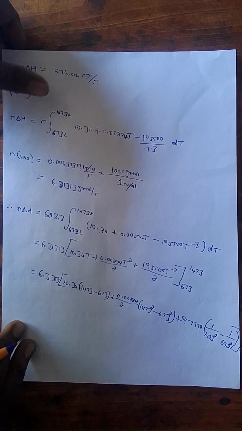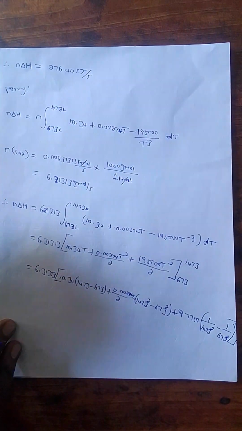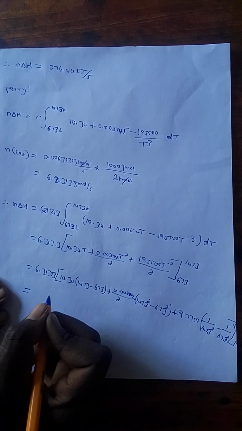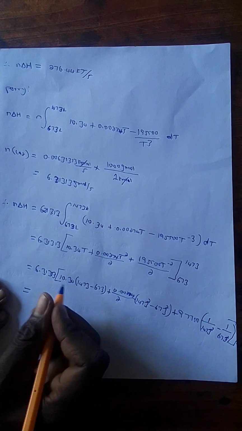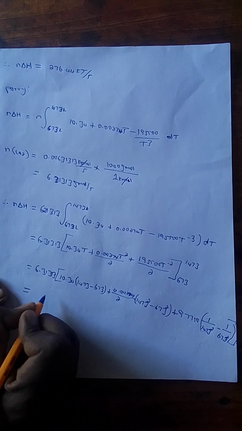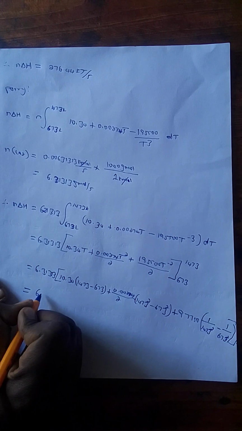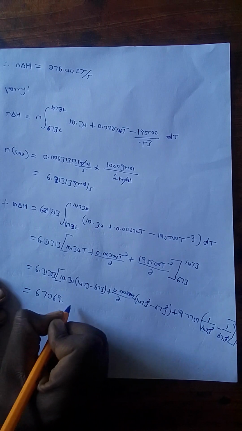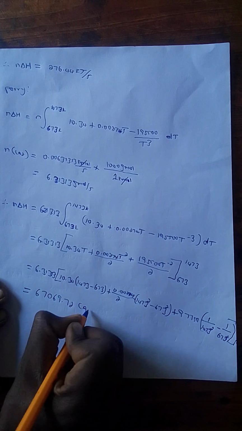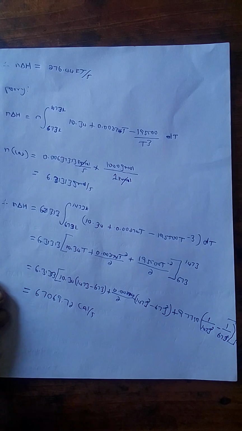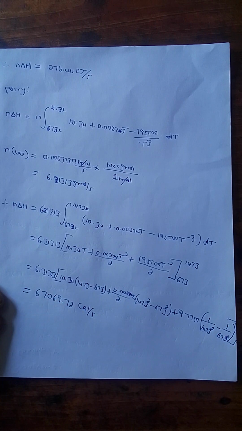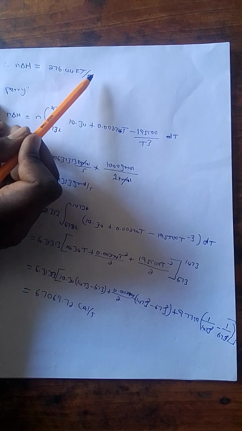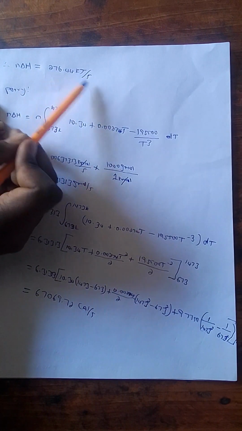Now we are left with the numbers, and we can just use a normal calculator. The total answer that we get here is 67069.72 calorie per second. However, from Himmelblau we found our energy in kilojoules per second.